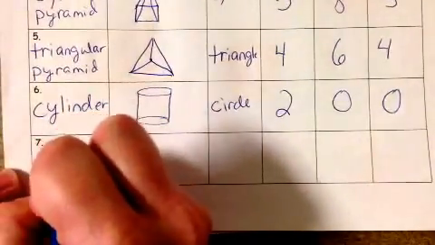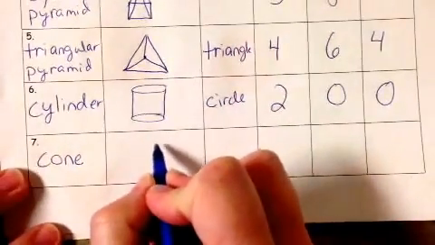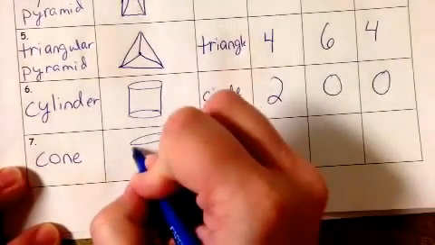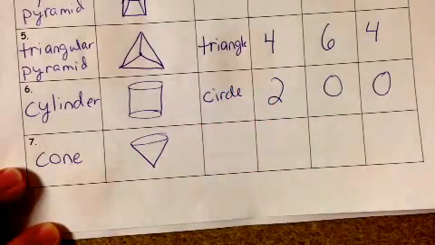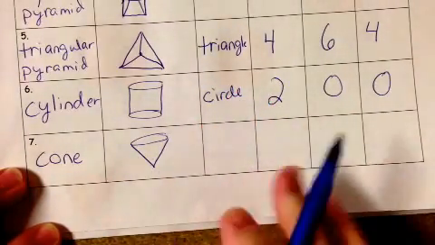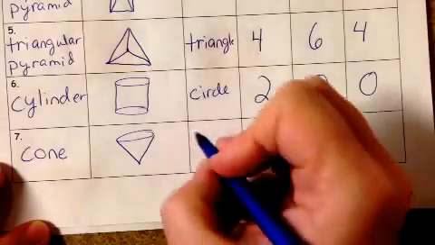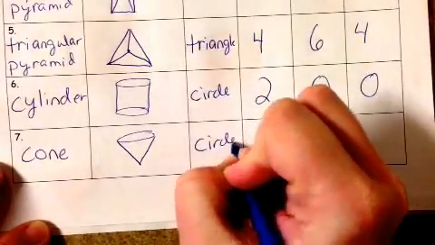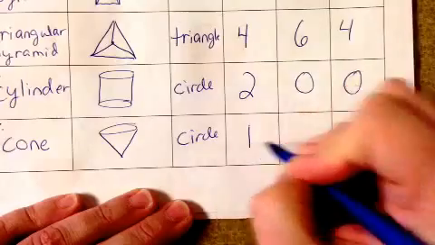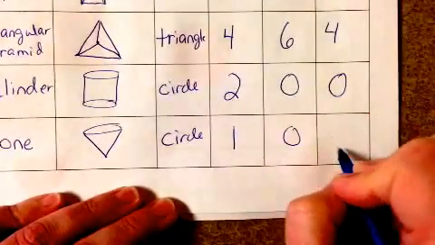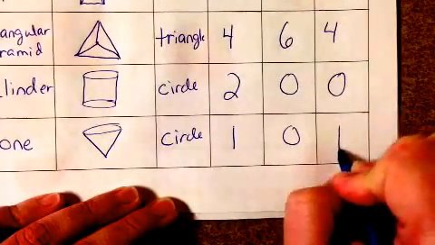And to draw the cone, if you'll just draw an oval and then make this off the bottom of it. So its base is a circle. It has 1 face, no edges, and 1 vertex.